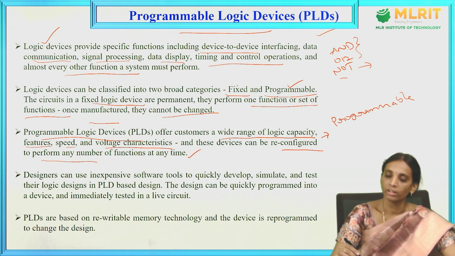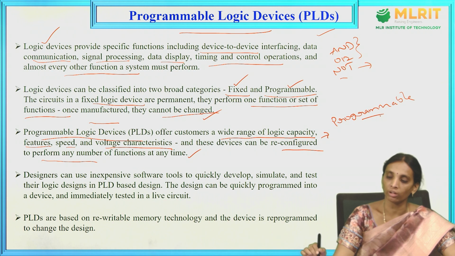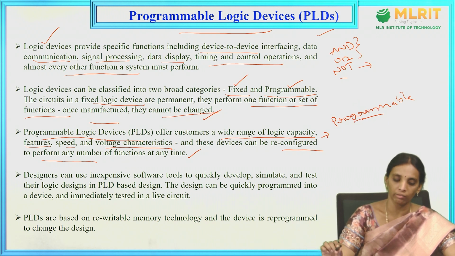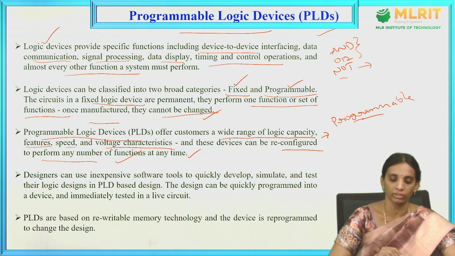In the fixed logic devices, we fix the logic implementation for the design so that there is no possibility of changing. Here we can use the programmable method. Only in the software, by programming, we can change our application or operations, so that we can use this for a wide range of applications and implement it for any number of functions at any time.